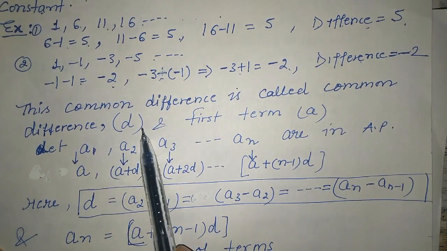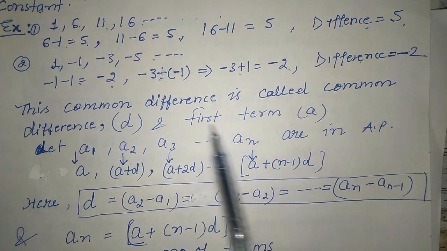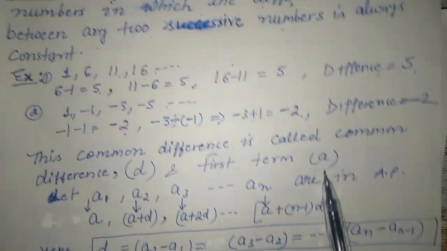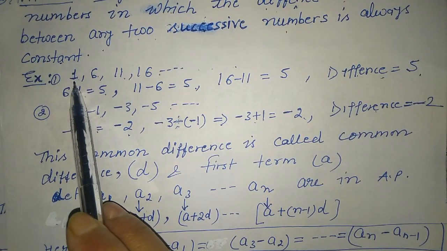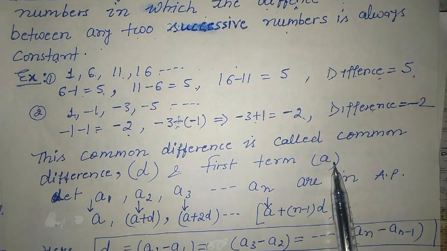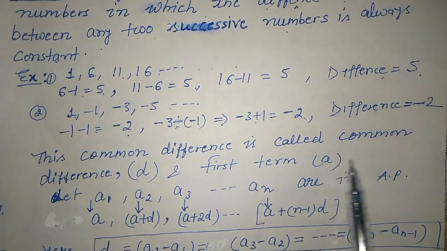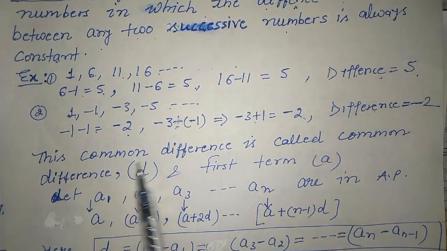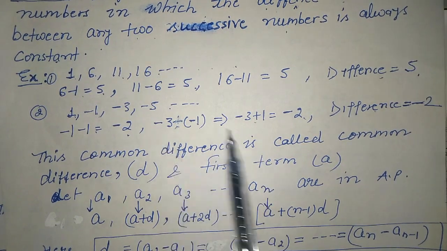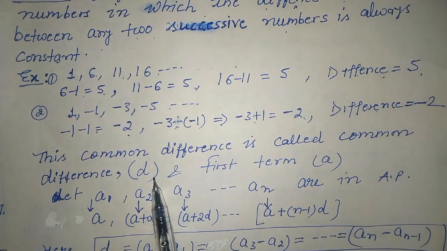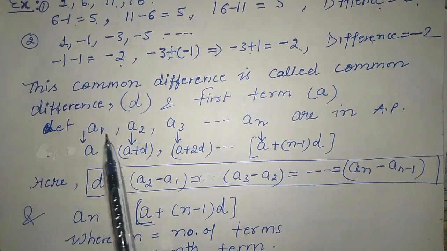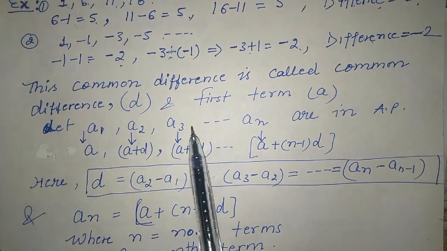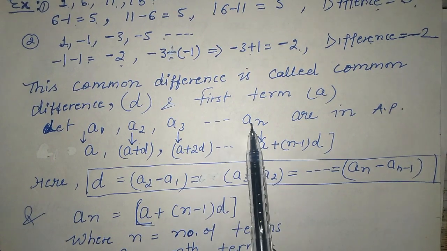It is denoted by the symbol D, and the first term is known as A, because in the series this is the very first term. In this chapter we denote the first term by A, and the common difference between two successive numbers by D. So we have a series here, A1, A2, A3, and so on till AN.